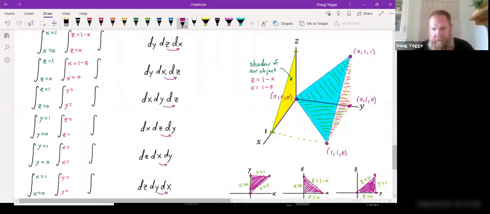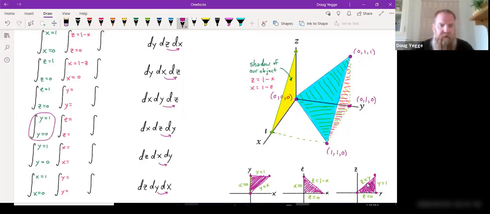Well, again, as y changes from 0 to 1, we can see that z is going to change from 0 up to y. So that means that as y changes from 0 to 1, z changes from 0 up to y. Well, let's look at the other direction.